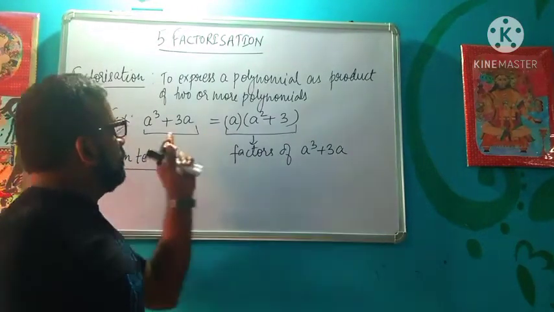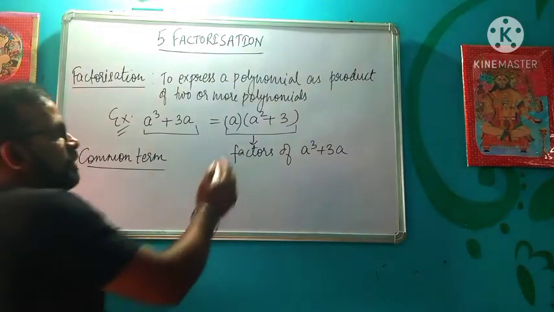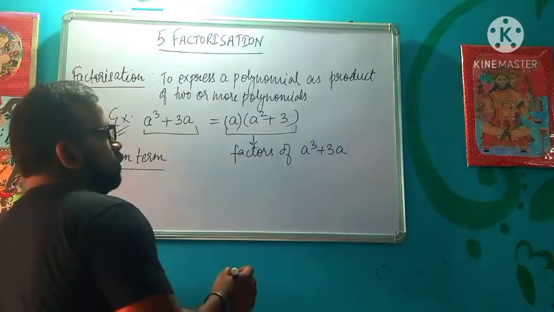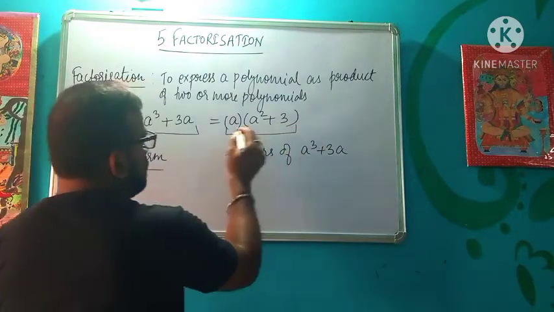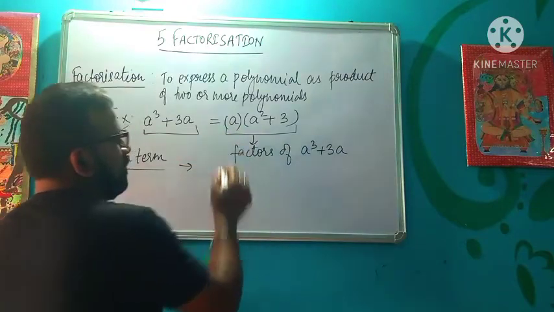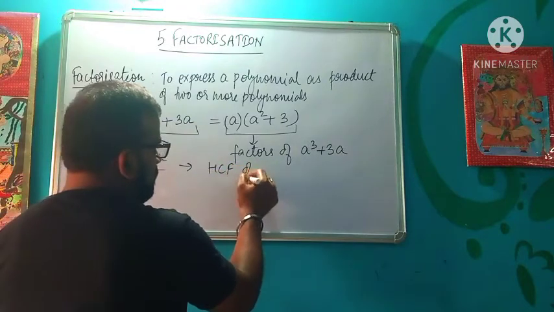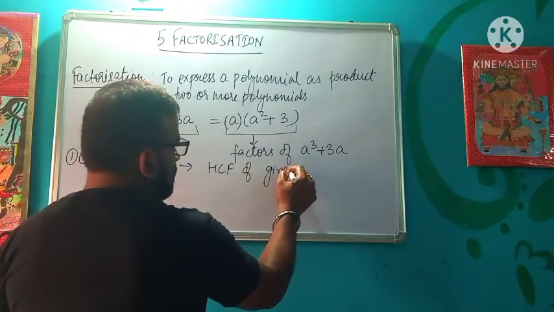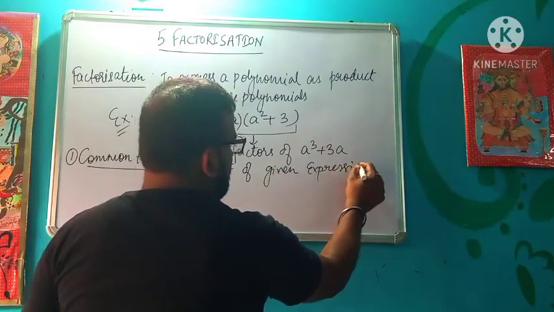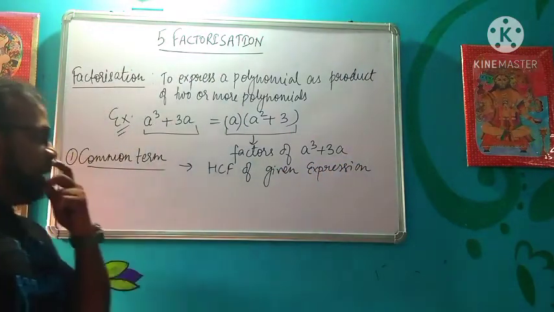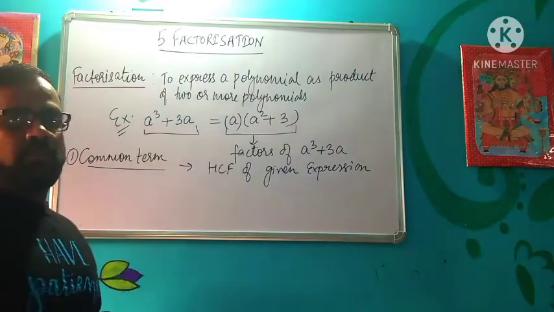In this, the common term was a, so I have taken a as common, or we can say the HCF of the given expression. If you can find the HCF of the given expression, then you can use the common term method.